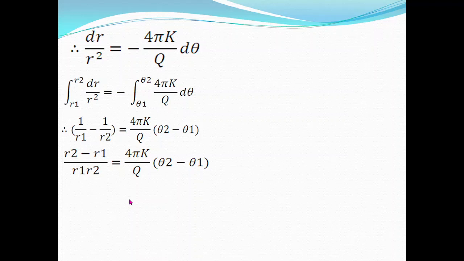Or we may obtain the value of K as well as Q from this relation. K is equal to Q into R2 minus R1.